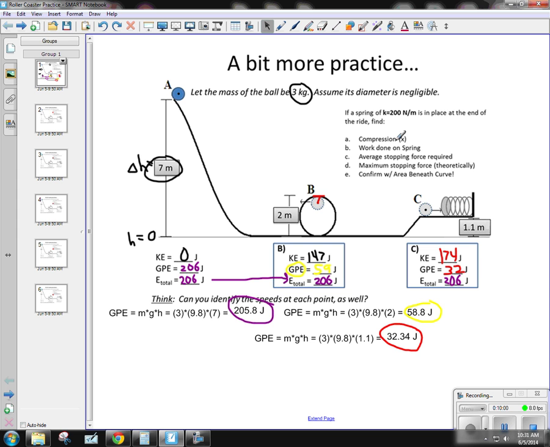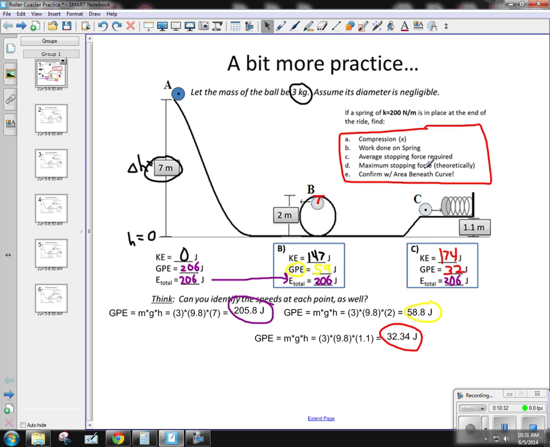So we're going to actually need to figure out these questions. I've given you the elastic constant for this spring. I said it's 200 newtons per meter. I just chose that value for this. It's like a lab scale experience. And we need to figure out how far this spring is going to compress, how much work was done on the spring, what average stopping force is required, because if the stopping force is too high, then it could break the materials or it could hurt the passengers.